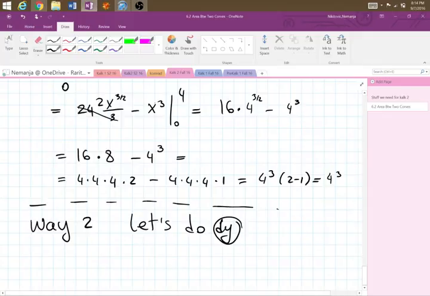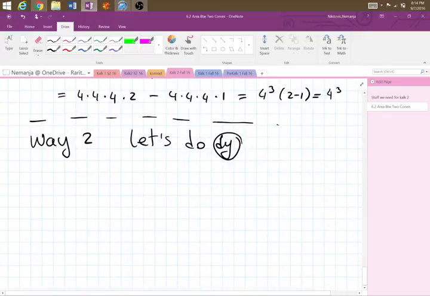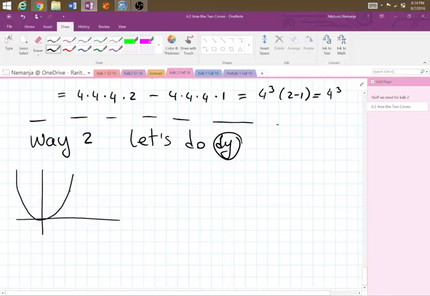So what are we going to do now? Guys, we have the same exact situation, but we want to use dy. This is 3x squared, and this is 24 square root of x.